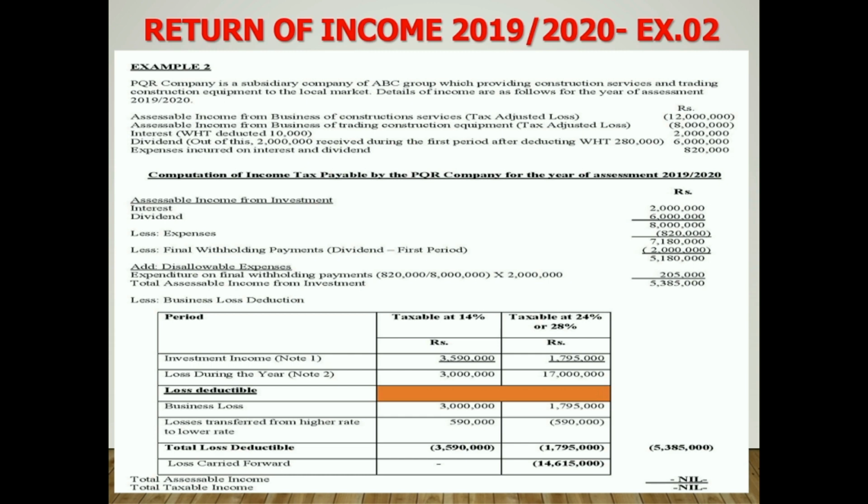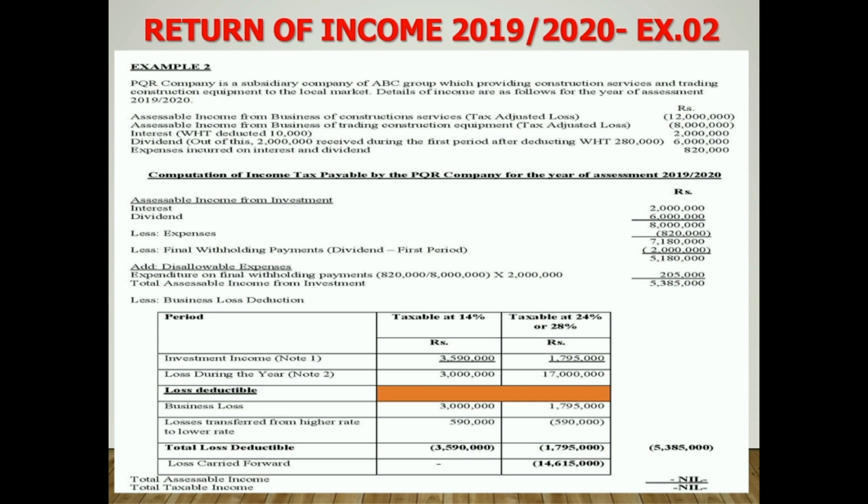Since there is no business income, we'll see how you can compute the assessable income from investment. Gross interest income is rupees 2 million. Gross dividend income is rupees 6 million. From those gross incomes, they have deducted expenses rupees 820,000 and arrived at the profit 7,180,000.